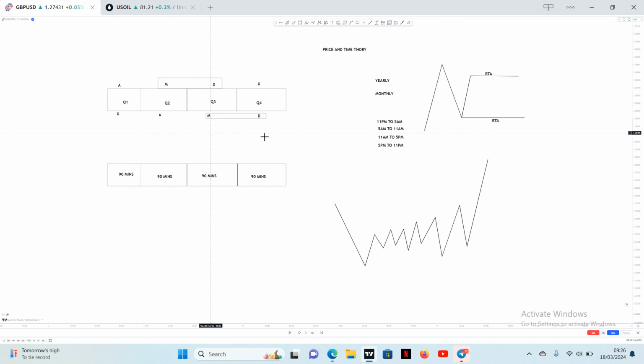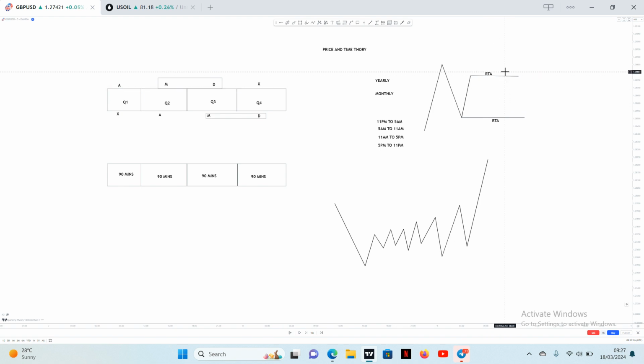If in the morning we saw that quarter one, from 11 p.m. to 5 a.m. London time, was a consolidation, price consolidated throughout that period, we expect quarter two, which is 5 a.m. to 11 a.m. London time, to manipulate. And when that manipulation is occurring, it's supposed to take either of these RTA. That is when we expect our RTA to be grabbed during that manipulation quarter.